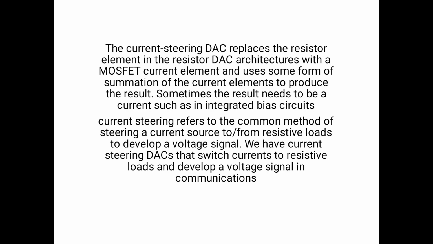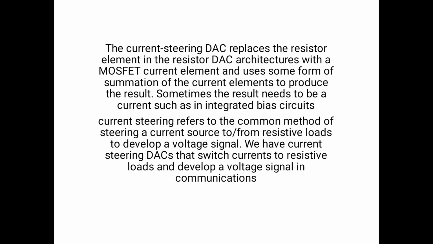Sometimes the result needs to be a current, such as in integrated bias circuits. Current steering refers to the common method of steering a current source to resistive loads to develop a voltage signal.